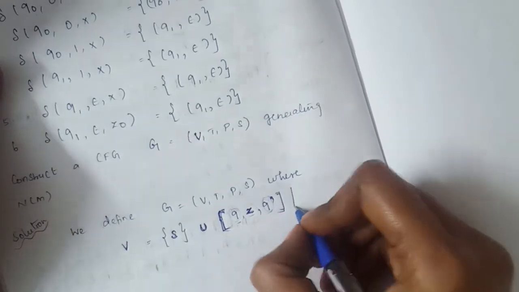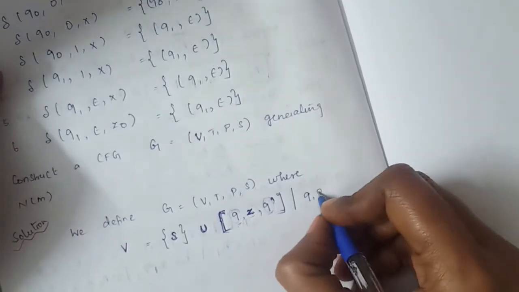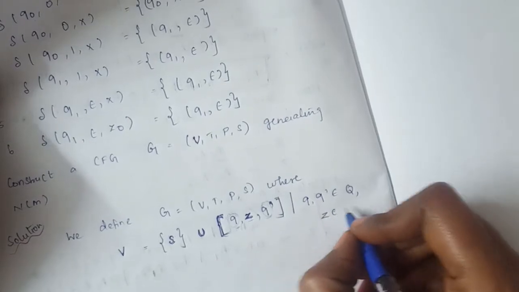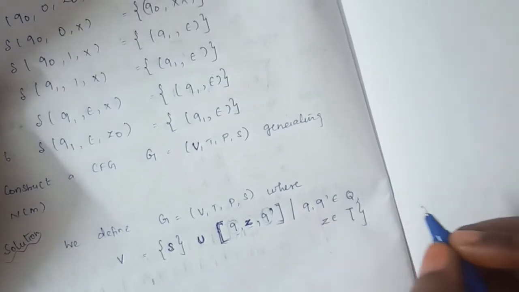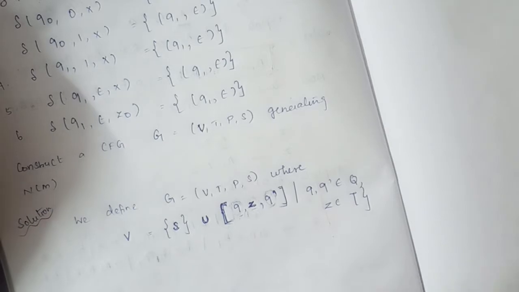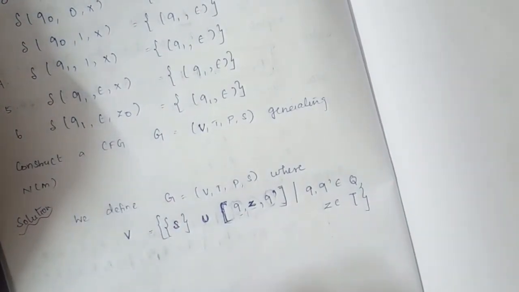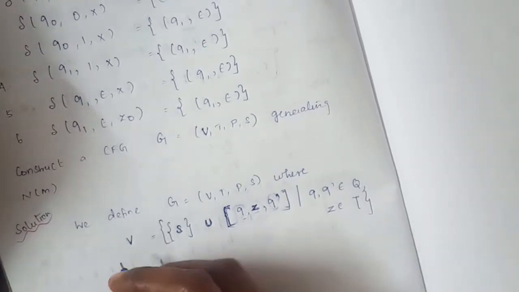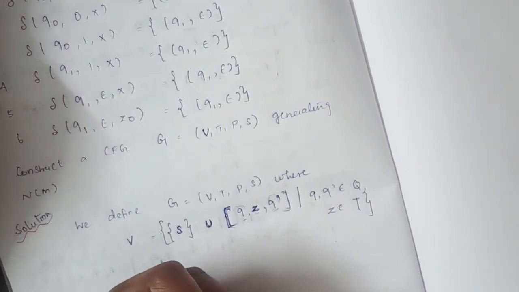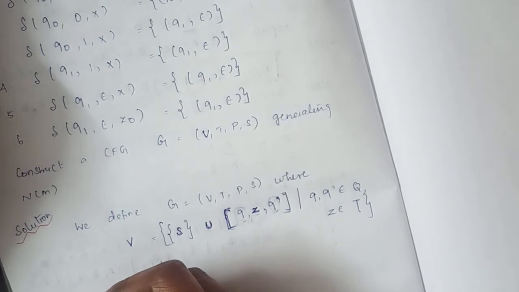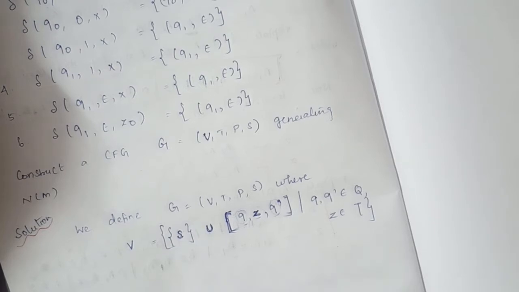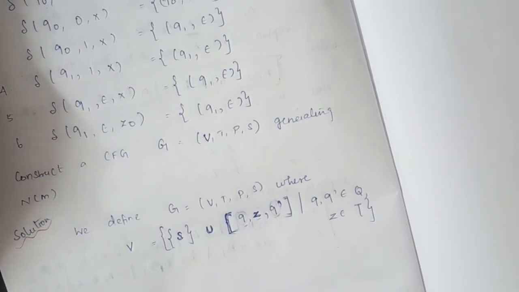So q comma q' belongs to Q, and z belongs to gamma, which is the stack symbol. So V is the start symbol or an ordered triple, whose first and third elements are states and whose second element is a pushdown symbol.